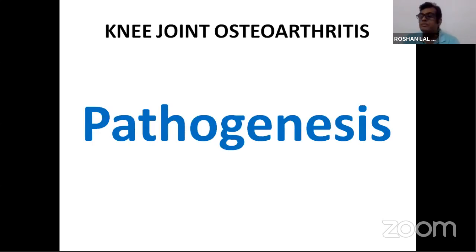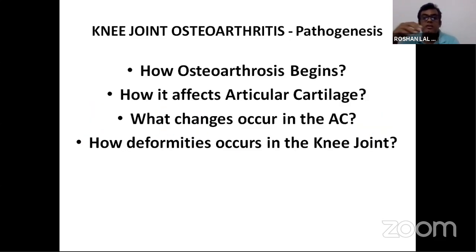Now, what is pathogenesis? How does osteoarthritis begin, how does it affect the articular cartilage, what changes occur in the cartilage, and how do deformities occur in the knee joint?